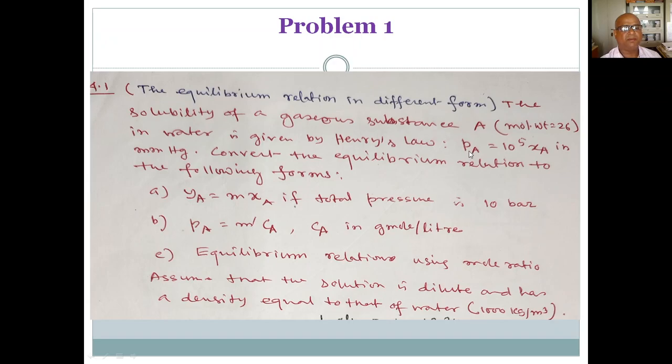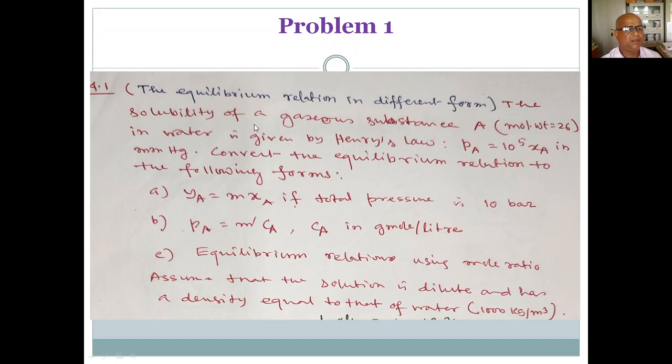Let's check, if I have PA equals some constant times XA, the partial pressure in the gas phase and the mole fraction, expressed in this way, but if I need y A equals mx to solve the problem, then how will we convert it? Or it can be PA equals some constant into C. So different possibilities are there in terms of Henry law. Let's see how it can be done.